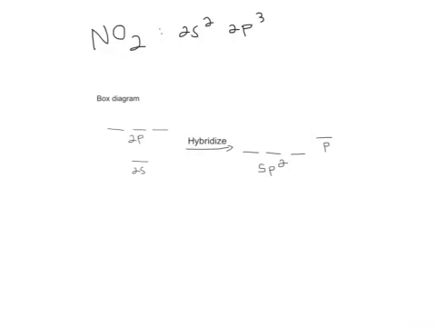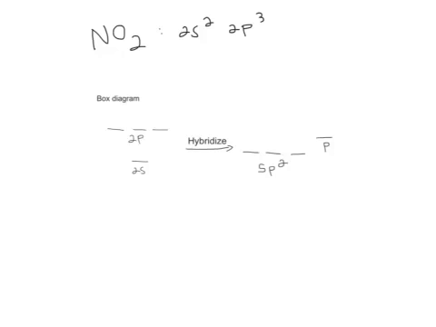So here we are going to start drawing the box diagram for NO2. I've drawn above to show that the electron configuration is 2s2 and 2p3. Those will be the ones that we'll be working with, the ones that will be hybridizing and bonding.